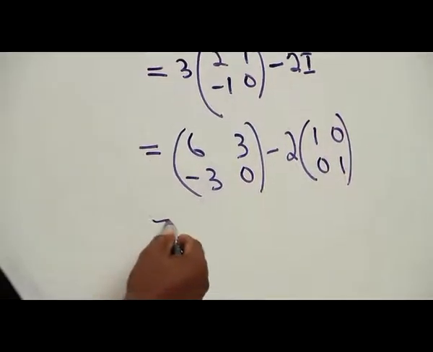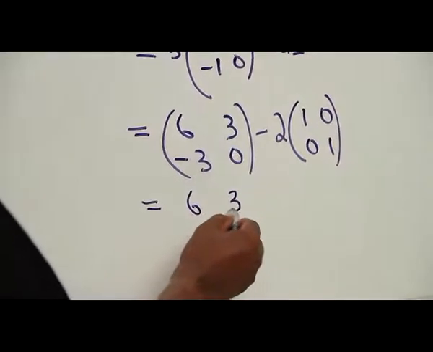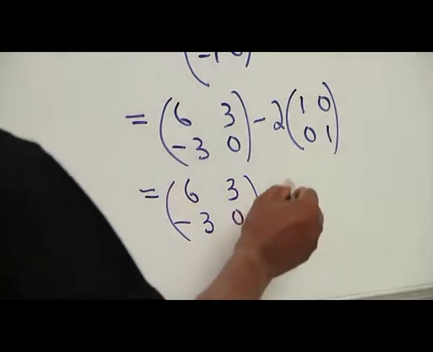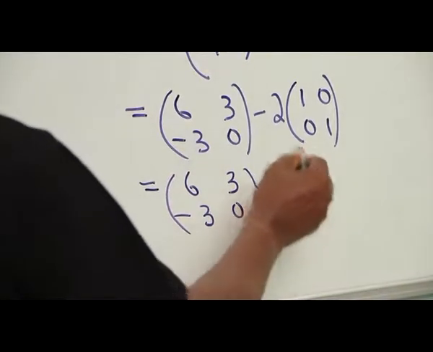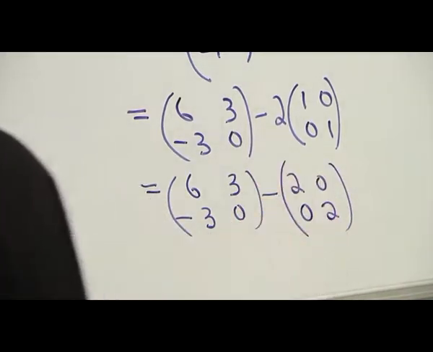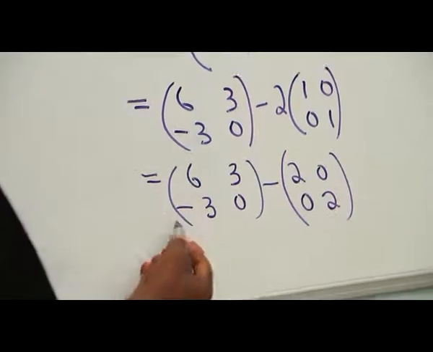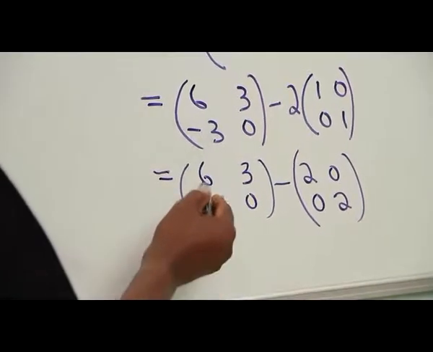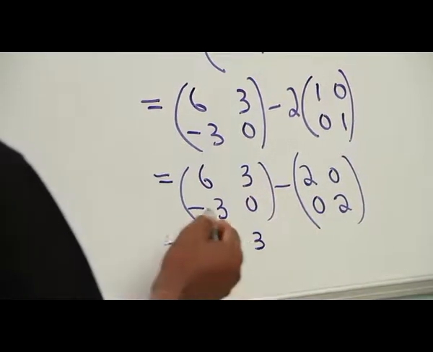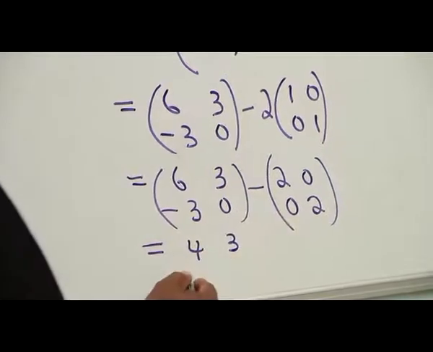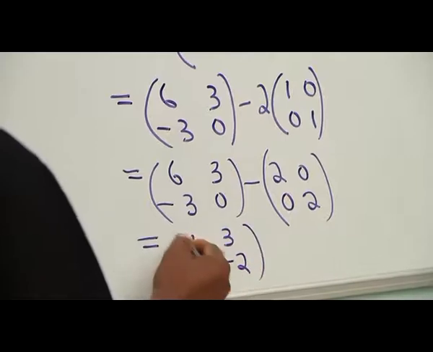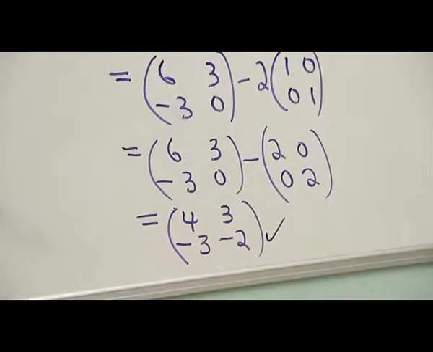So with this, you can also now see that we have 6, 3, minus 3, 0, and then you have minus 2, 0, and then this is 0, and then 2. Okay, so you can carry out your subtraction component by component and that will give you 6 minus 2 is 4, 3 minus 0 is 3, minus 3 minus 0 is minus 3, and 0 minus 2 is minus 2. And this gives you the result that you are looking for.